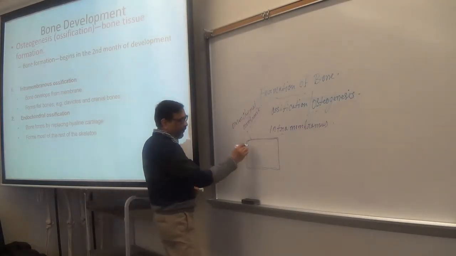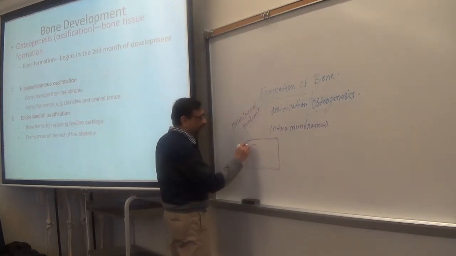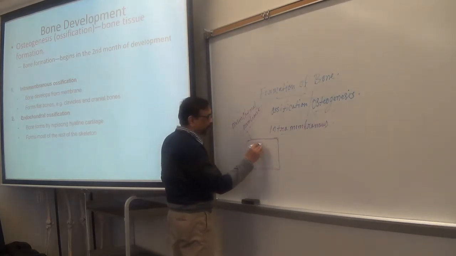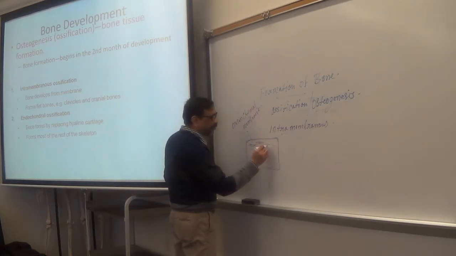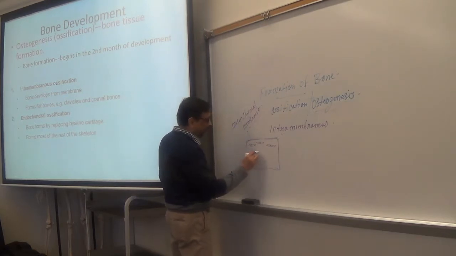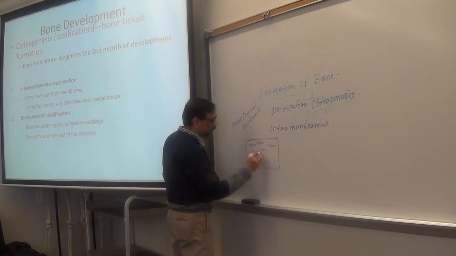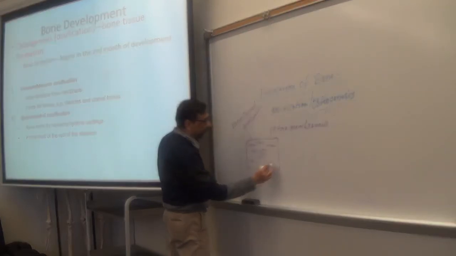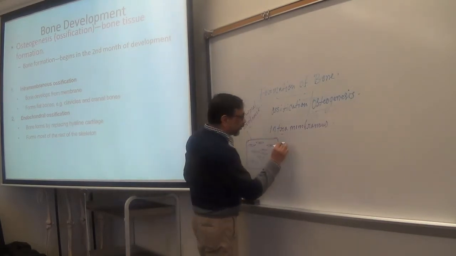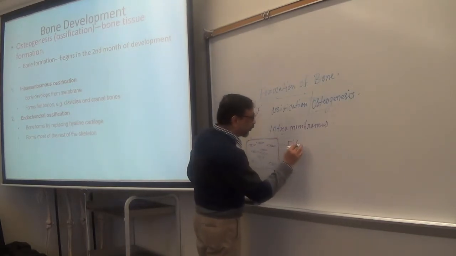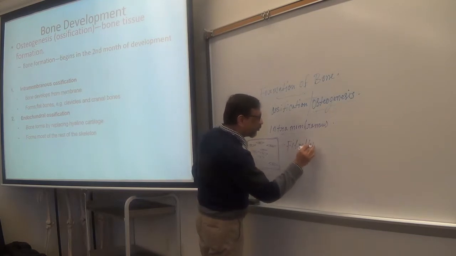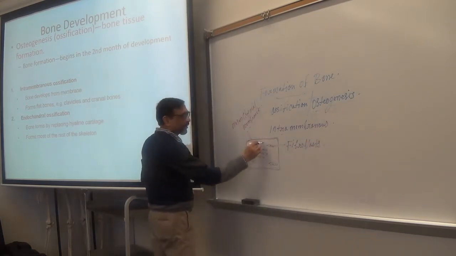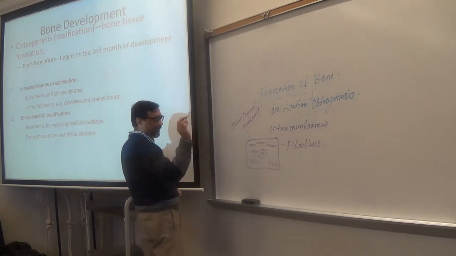And inside the membrane, you have fibroblasts. Probably you have heard in the first or second lecture I mentioned, fibroblasts produce fibers. So these are connective tissue cells, fibroblasts. What happens?